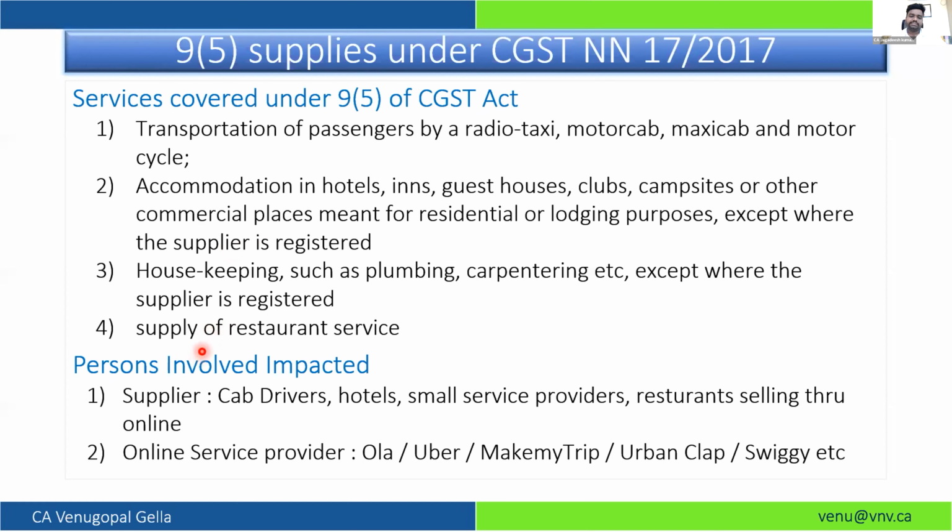And supply of restaurant services. In this case, if the supplier is making the supplies through the e-commerce operator, then the e-commerce operator is required to pay the tax, not the actual supplier. So these are required to be reported in table 3.1.1. Let's see who is required to report in 3.1.1 clause 1 and clause 2.